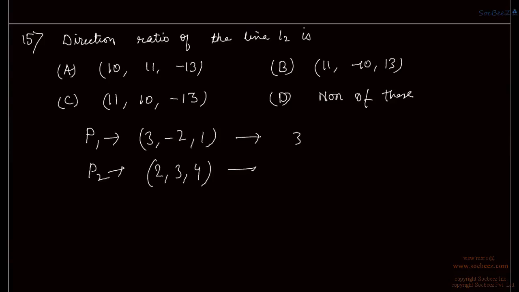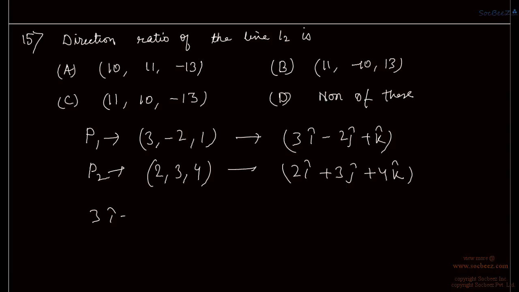So that is the vector given by 3i minus 2j plus k, and here 2i plus 3j plus 4k, right? So taking the cross product of these two vectors, we will be getting the direction ratio of line L2. So that is 3i minus 2j plus k cross 2i plus 3j plus 4k.